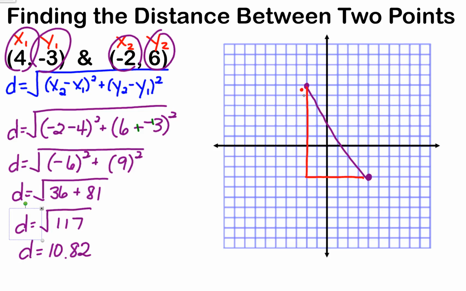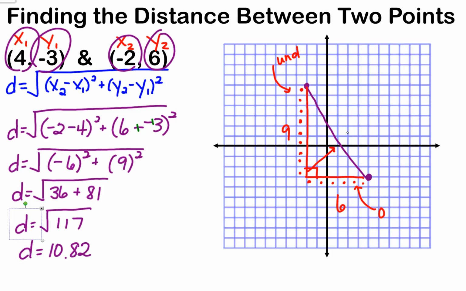I'm going to count my boxes. 1, 2, 3, 4, 5, 6, 7, 8, 9. 1, 2, 3, 4, 5, 6. And I know that this is my right angle because this has an undefined slope and this has a 0 slope, and those are negative reciprocals of each other, so therefore these lines are perpendicular.